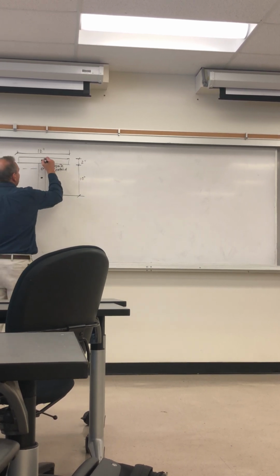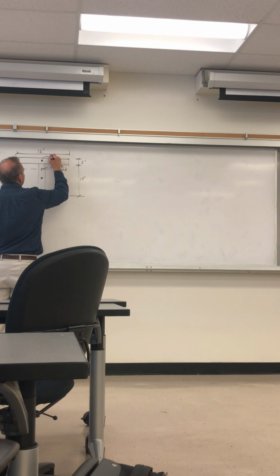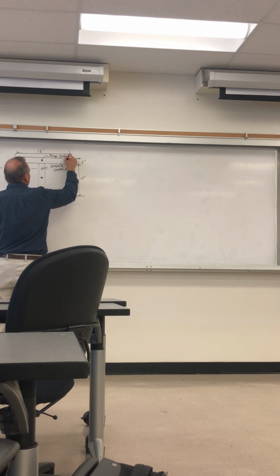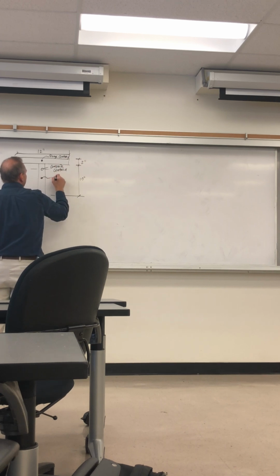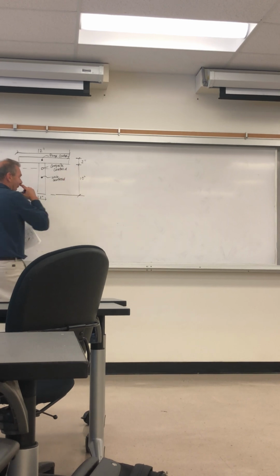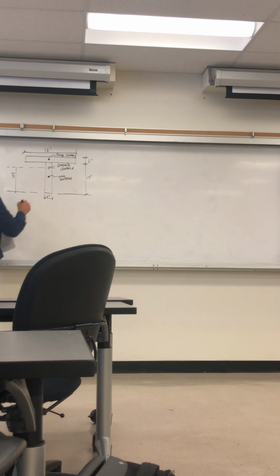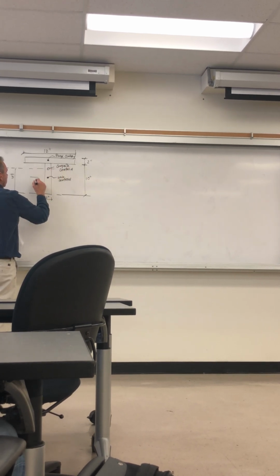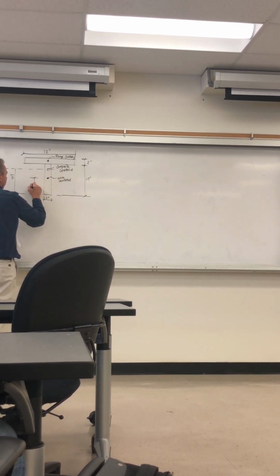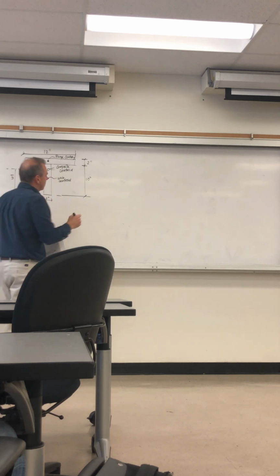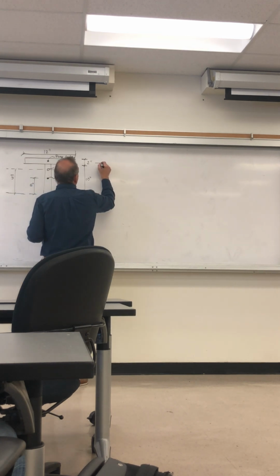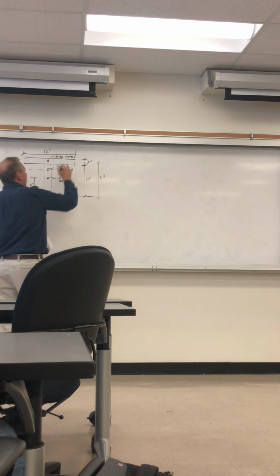This is the flange centroid here, and this is the web centroid. The web is 10 inches, so its centroid is 5 inches up. And the flange centroid is at 11, 10 plus half.